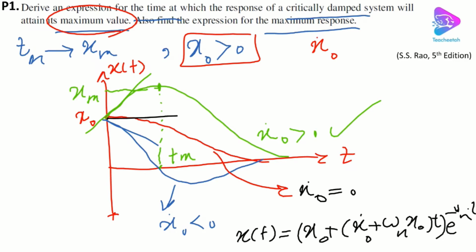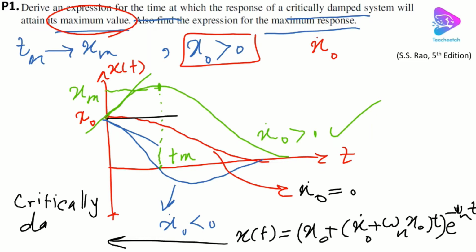Here there is no meaningful natural frequency, but omega n is basically the frequency of the undamped system. So this is the response of a critically damped system, right? No matter what the initial condition is, the initial condition identifies which of these curves we deal with.